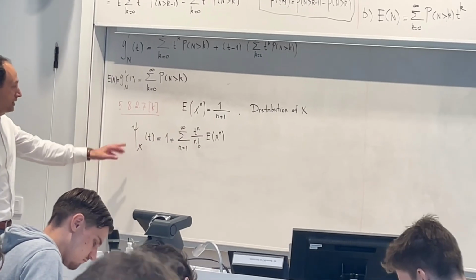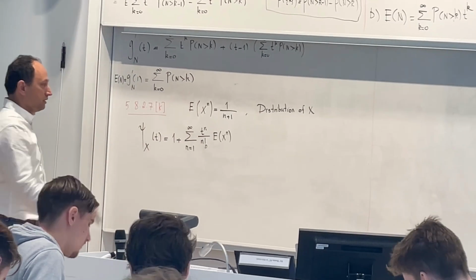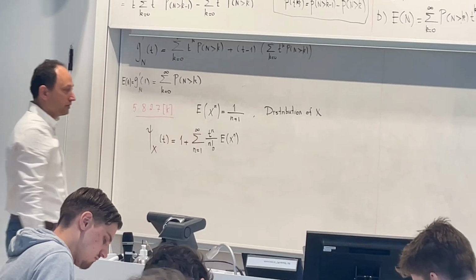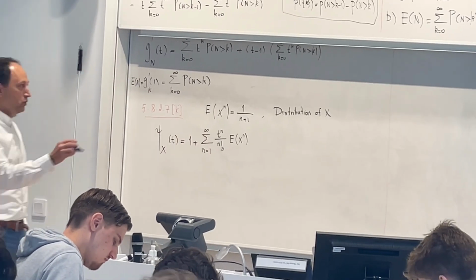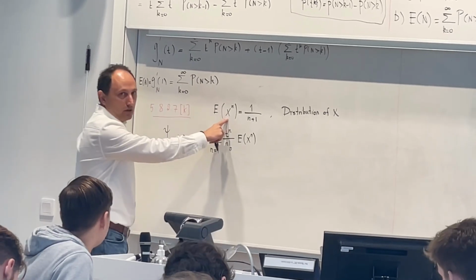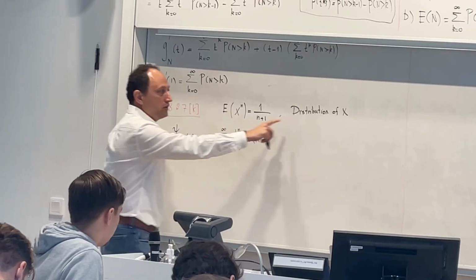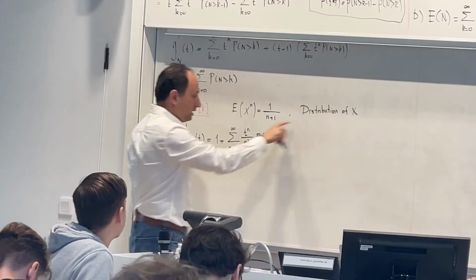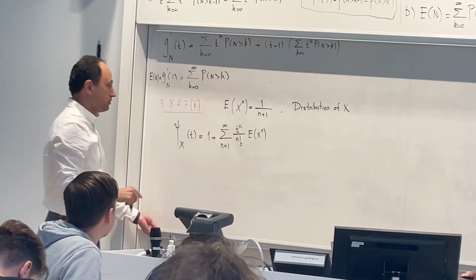This is very simple. I did it yesterday, so you can refer to those, or you can go to your book. So this is important. Have it in mind. If the moments are all given, and you are supposed to find the distribution, this is a good starting point.